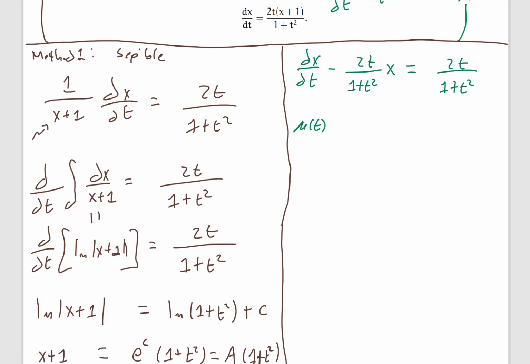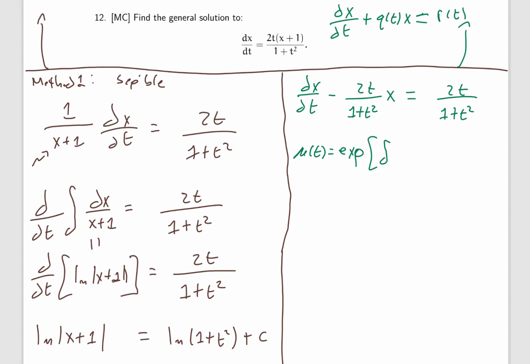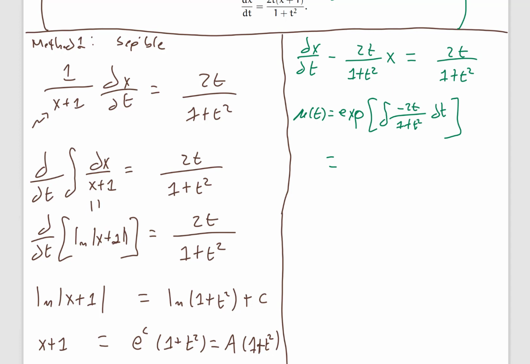And so mu of t is going to be e to the power of the antiderivative of the coefficient on x, which usually we call p, but I called q for whatever reason. So it's going to be the antiderivative of minus 2t over 1 plus t squared dt. Okay, so the antiderivative of minus 2t over 1 plus t squared is minus the natural log of 1 plus t squared.